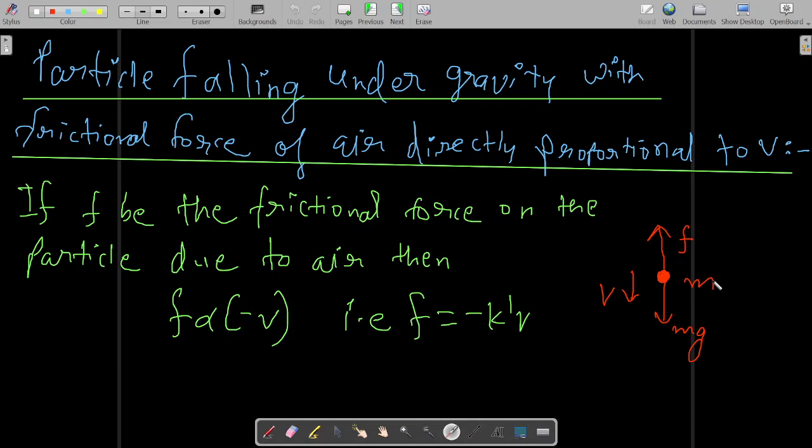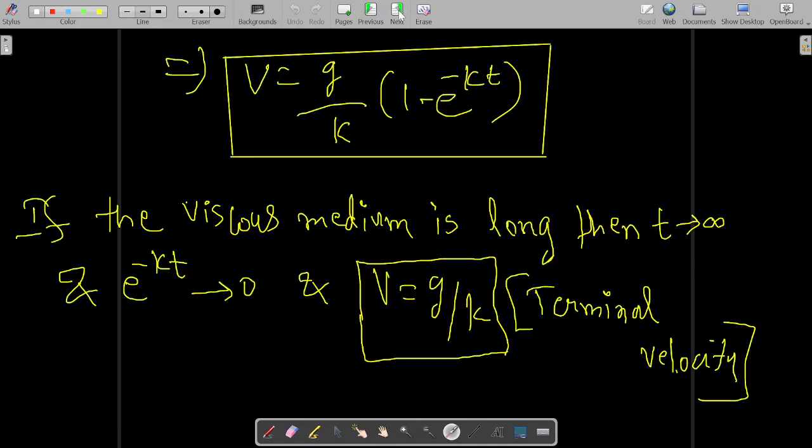So this particular case doesn't apply to a particle falling under gravity. Which case? If the viscous medium is long. Up to here everything applies, but this particular line, if the viscous medium is long, then t tends to infinity, doesn't apply to a particle falling under gravity.